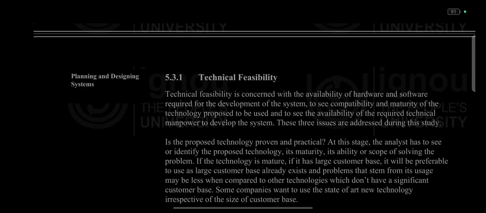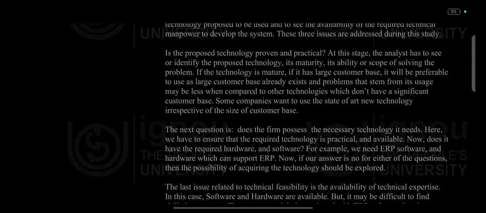If the technology is mature, if it has large customer base, it will be preferable to use as large customer base already exists and problems that stem from its usage may be less when compared to other technologies which don't have a significant customer base. Some companies want to use the state of art new technology irrespective of the size of customer base.